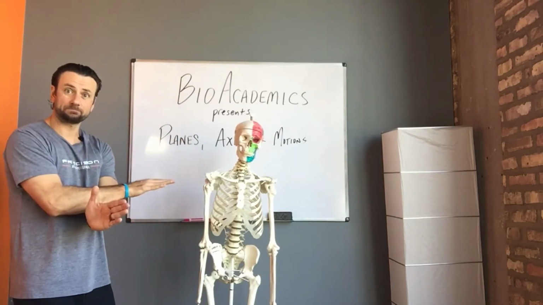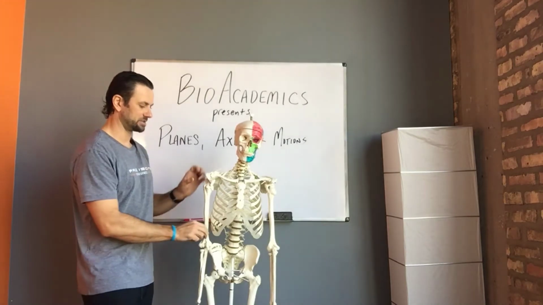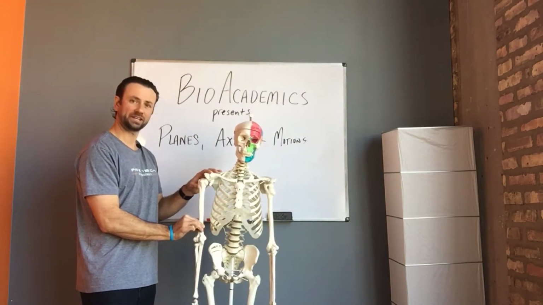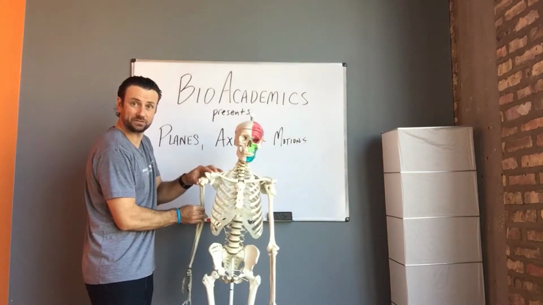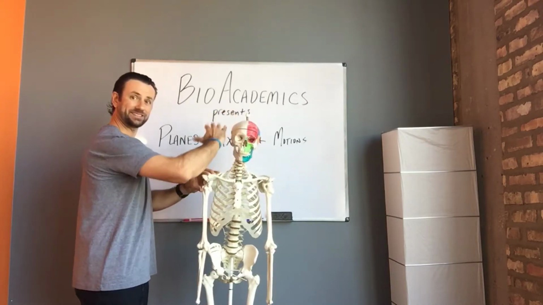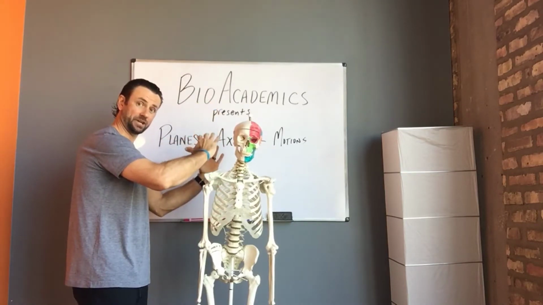So let's flip that. Now we talked about our sagittal plane. What are some sagittal plane motions? Starting with the shoulder again, I've got sagittal plane flexion and extension. I've got capital on cervical flexion and extension. I've got trunk flexion and extension.